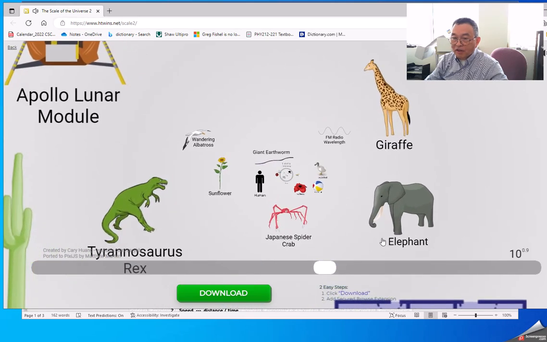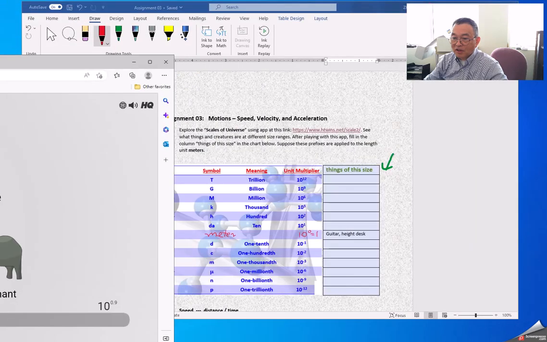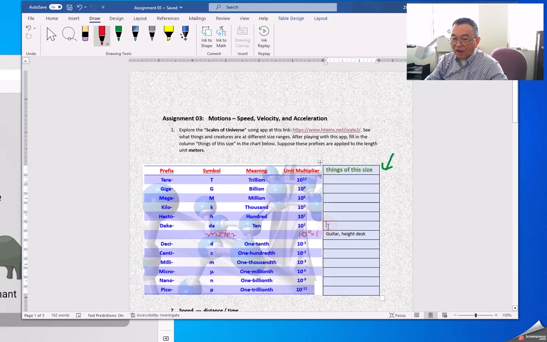So you would say elephant, giraffe, or the size of your room. My room is 10 meters, and so on.